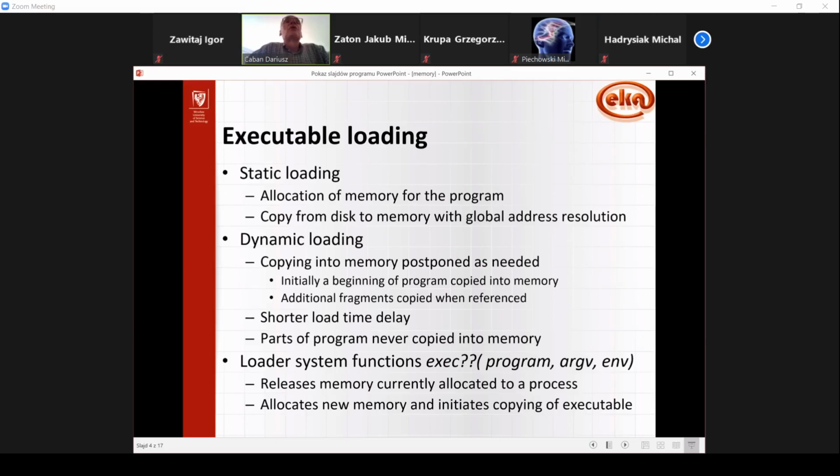A single program takes a few minutes, but if you are starting 20 programs, you suddenly may get into a situation where your system is starting for half an hour before you can work on it.